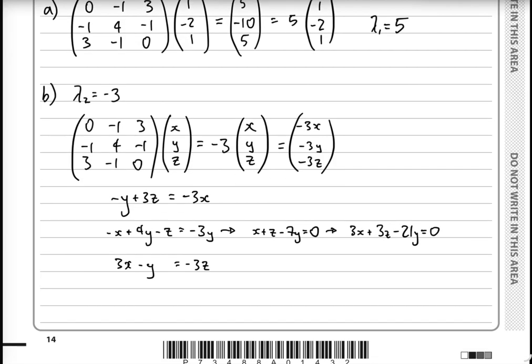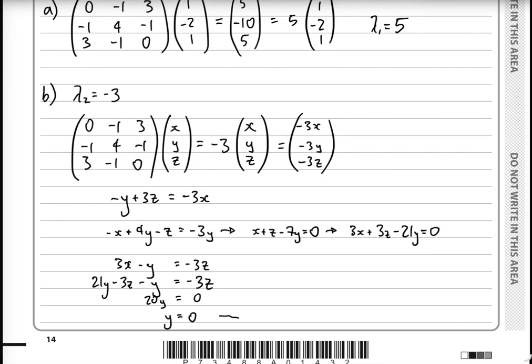Then I can substitute 3x in this third equation here for 21y minus 3z and get a relationship between y and z only, or not even. That gives me a 0 and a 20y, which gives me the definite fact that y must be 0. That's the only way 20y can equal 0.